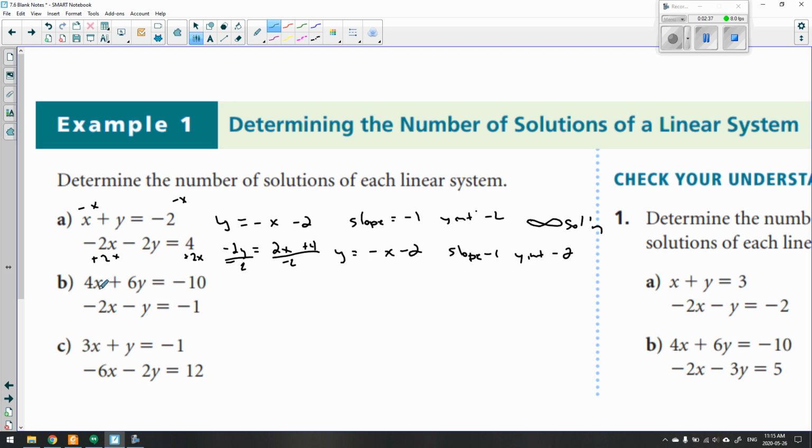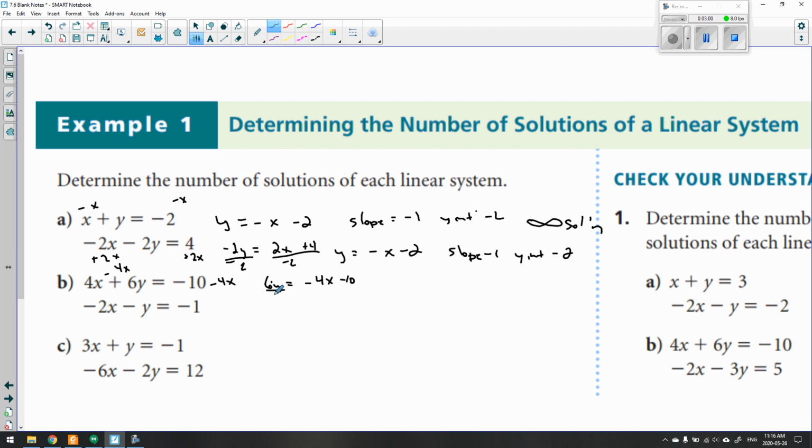If we look at part B, again, we want to get it to slope-intercept form. So we want to isolate the y, subtract 4x from both sides. We get 6y is equal to negative 4x minus 10.